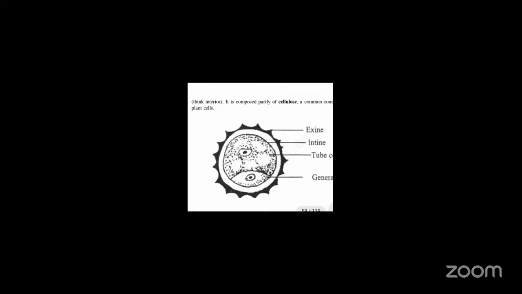So for the structure of pollen grains, we have to see the diagram here. In the pollen grain structure, exine and intine are there, and a germ pore is also present. Pollen grains are microscopic structures that vary in size and shape.